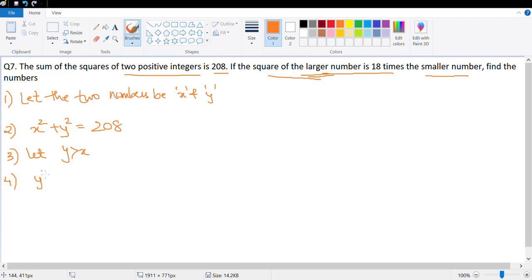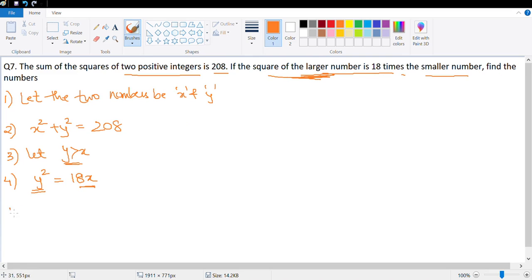So the square of the larger number is equal to 18 times the smaller number. Let's just read this again. We've assumed that y is more than x, which means y is the greater number. So the square of the larger number is equal to 18 times the smaller number.